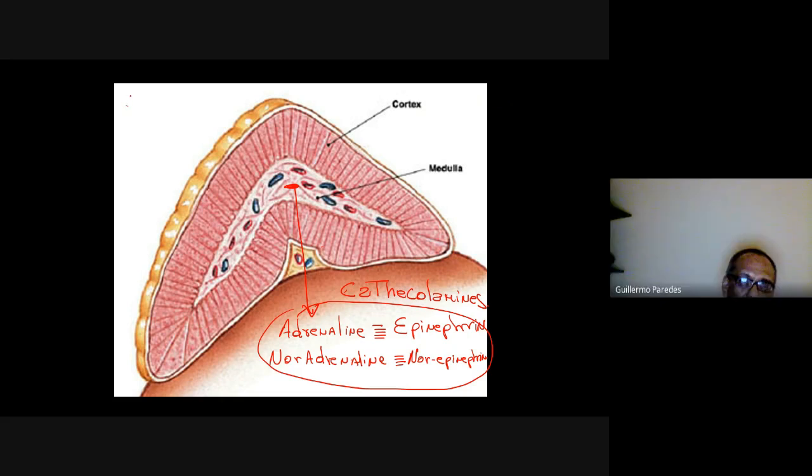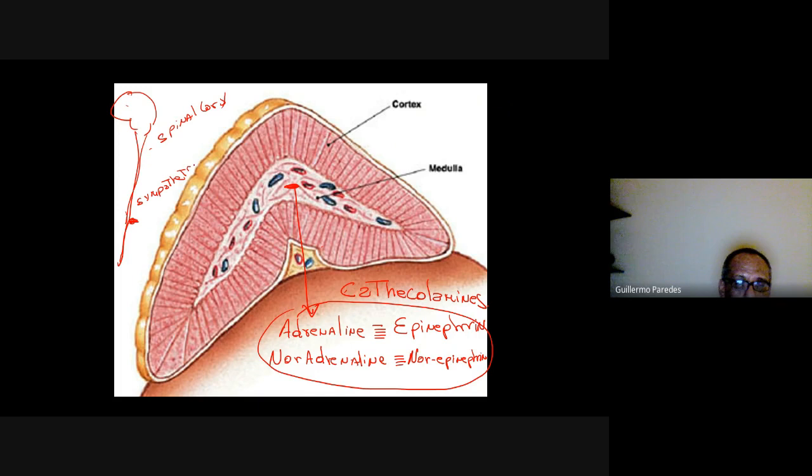Okay. Now, what I'm drawing here is the spinal cord. Right? The medulla. From this, there are fibers coming from the sympathetic nervous system.